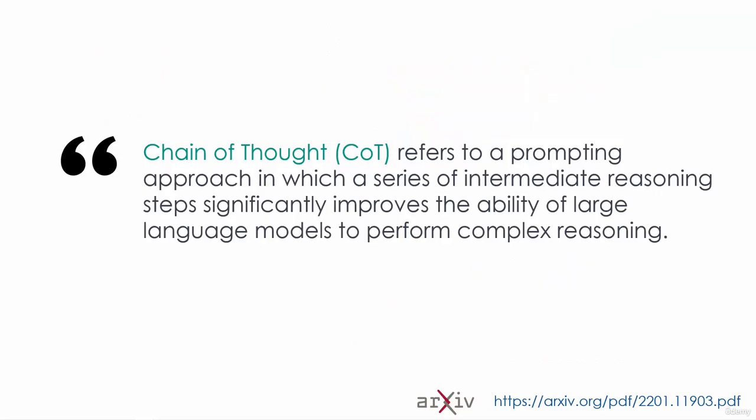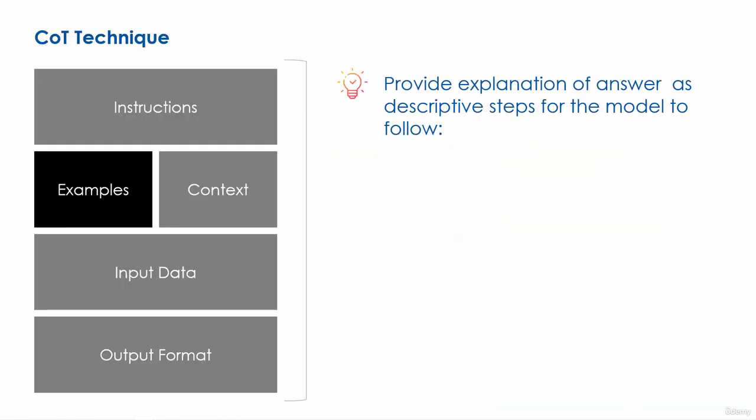Chain of thought refers to a prompting approach in which a series of intermediate reasoning steps significantly improves the ability of LLMs to perform complex reasoning tasks. Let me explain it to you with an illustration. A common way we humans approach a problem is to break a complex task into smaller subtasks and then act on the simplified task.